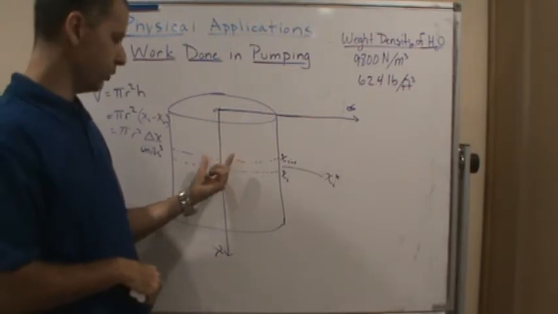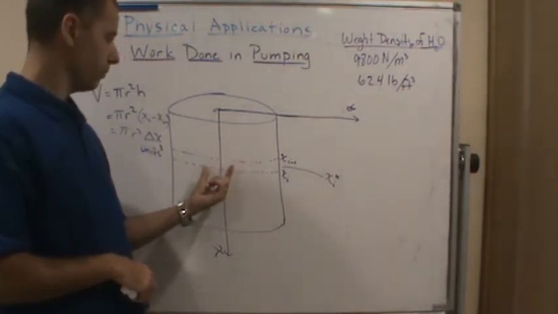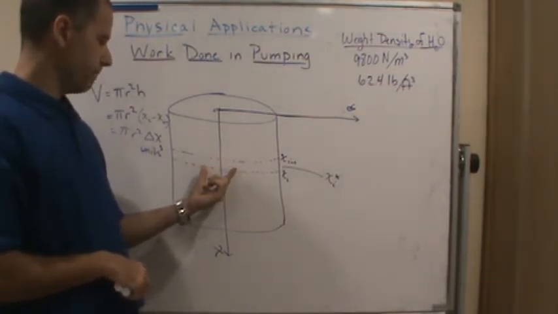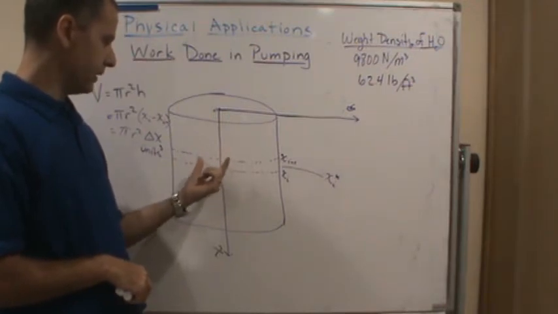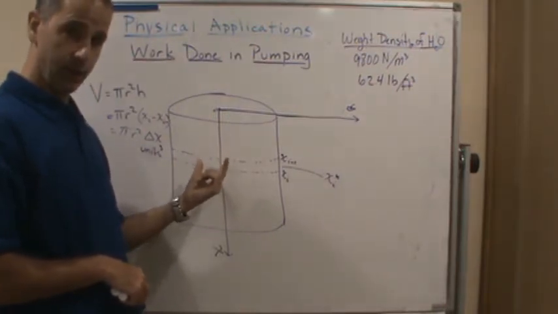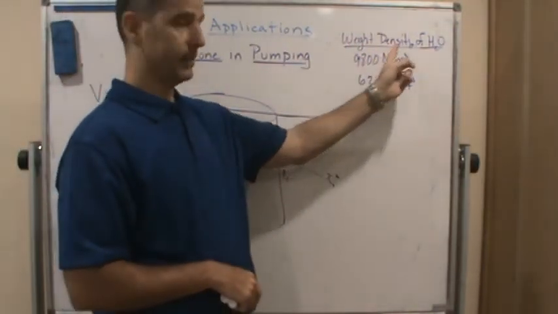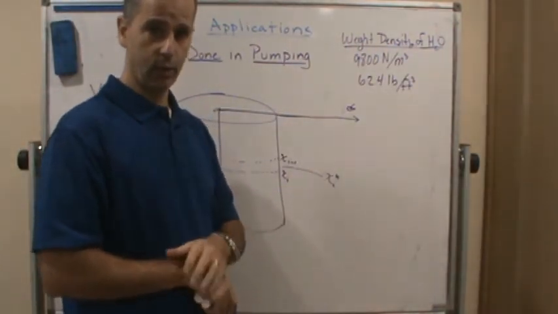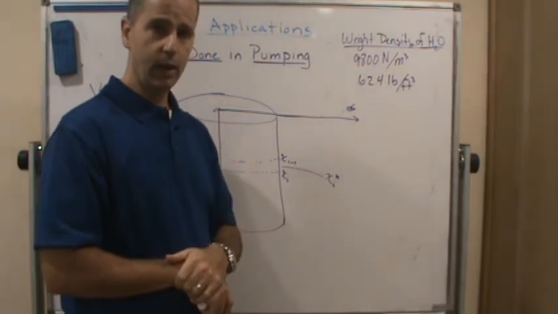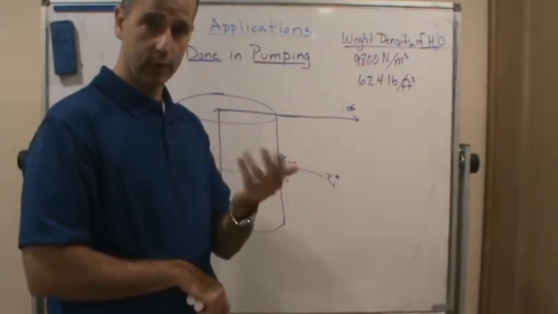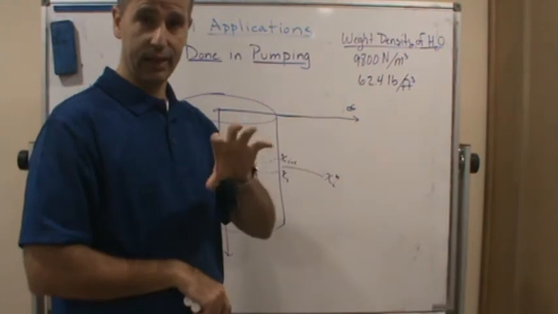But we're talking about volume now. So we need something that's going to help us get the units for force. Well, that's where the weight density of water comes in. A lot of these problems are going to be with water. If we deal with something like oil, they'll give you the weight density in the problem.